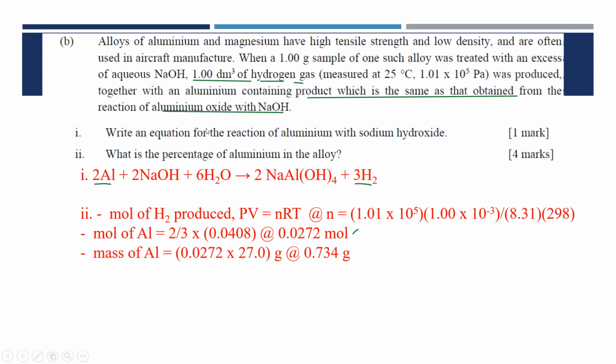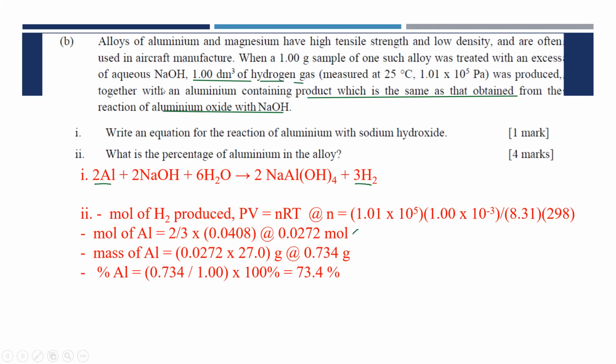And then finally, you calculate the percentage: 0.734 divided by 1.00, you get 73.4%. So this is how we calculate the percentage of aluminium inside the alloy. Okay, so that is for number 1.